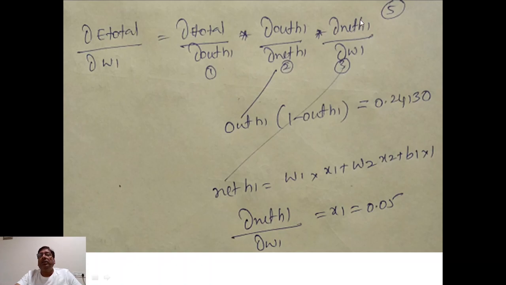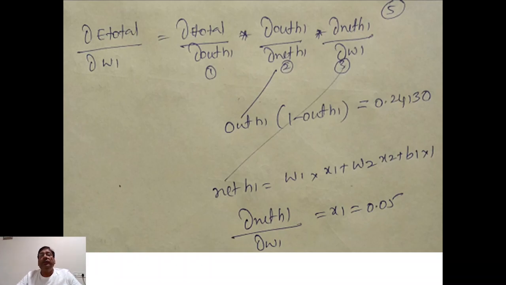Similarly, partial differentiation of net H1 with respect to W1: net H1 can be written as W1 into X1 plus W2 into X2 and so on. With respect to W1, when you calculate, you will get X1, that is nothing but your input 1, the value of I1, which is 0.05.